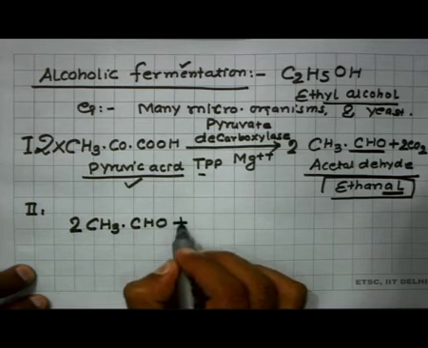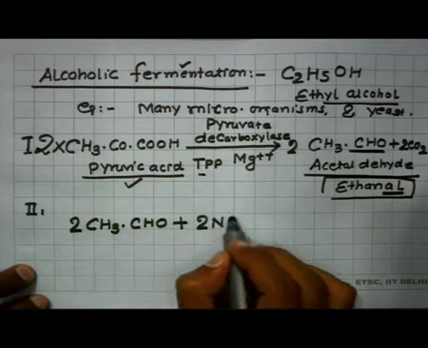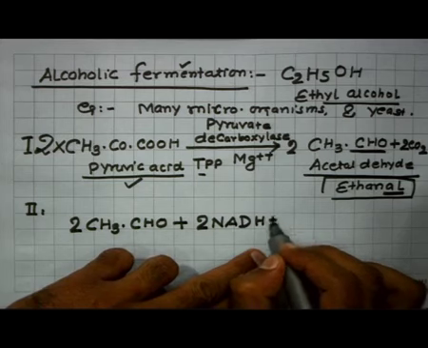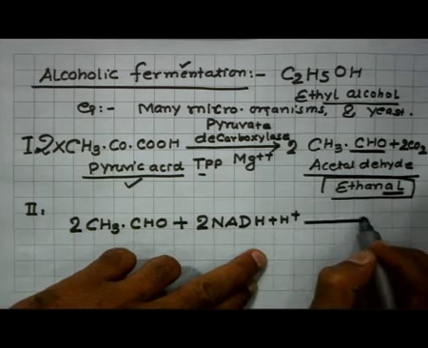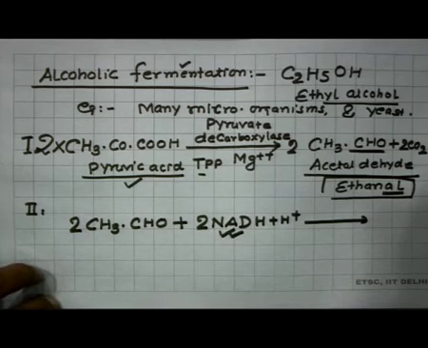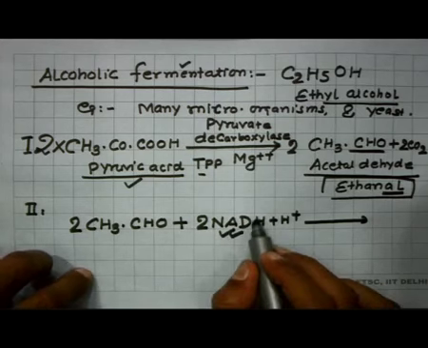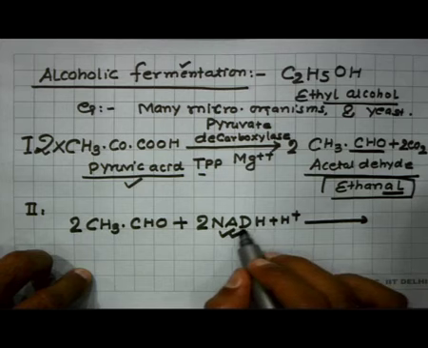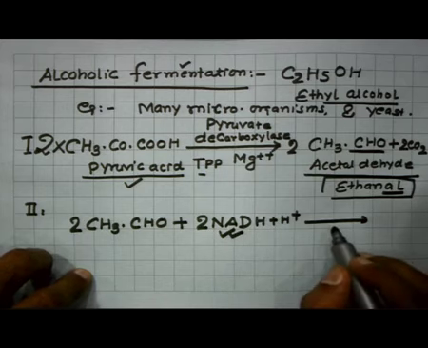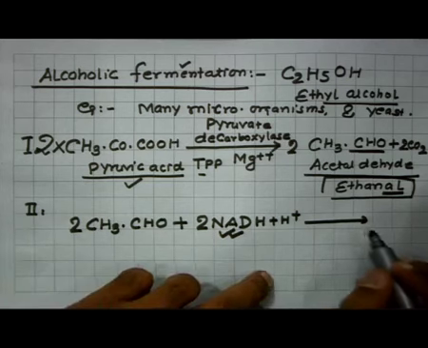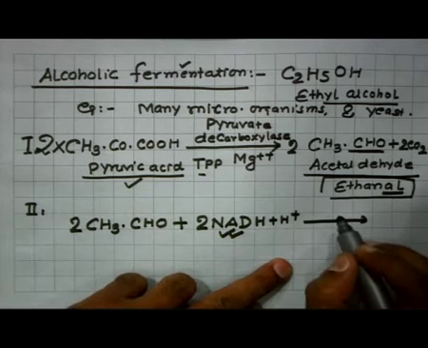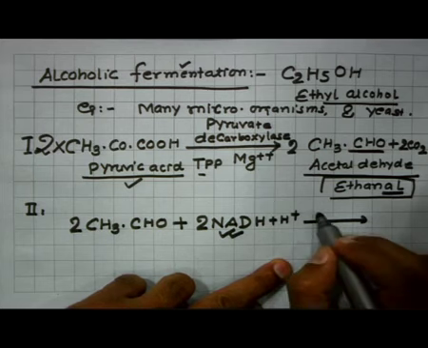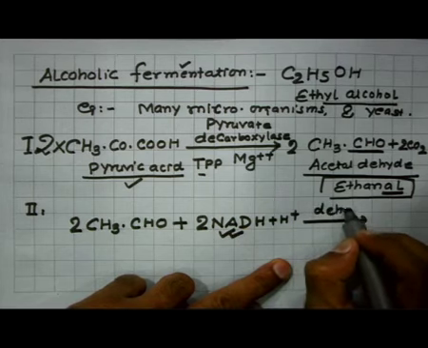The reaction is 2 molecules of acetaldehyde CHO combined with 2 NADH2, which is the product of glycolysis. In one step of glycolysis, the NAD combined with the proton and formed NADH2 H plus. So, this acetaldehyde is reduced with the help of this NADH2 in presence of the enzyme dehydrogenase.